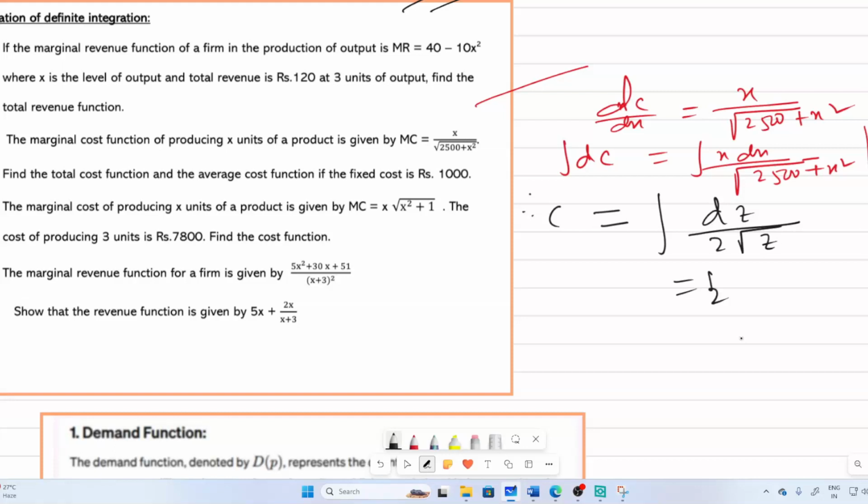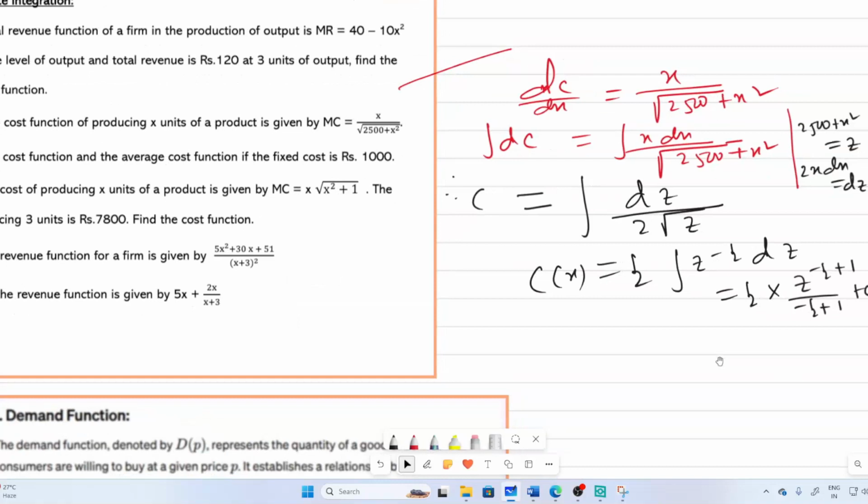So 1 by 2 outside, z to the power minus half dz, 1 by 2 z to the power minus half plus 1 by minus half plus 1. This plus c also you have to take. As you have taken cost function as c, you write c(x), no problem, but here the integration constant you write plus k.